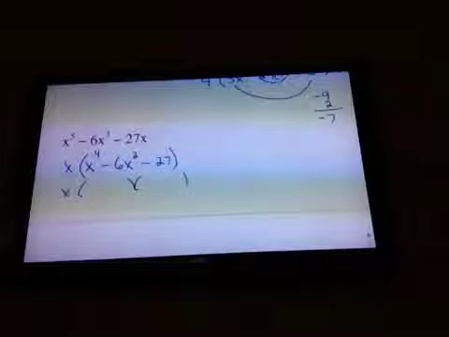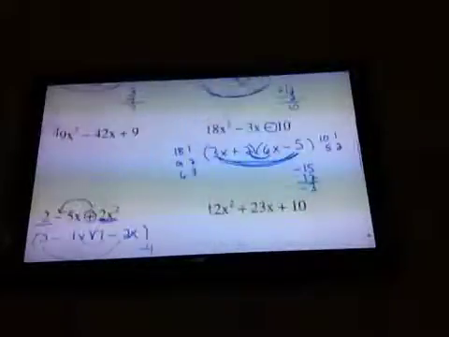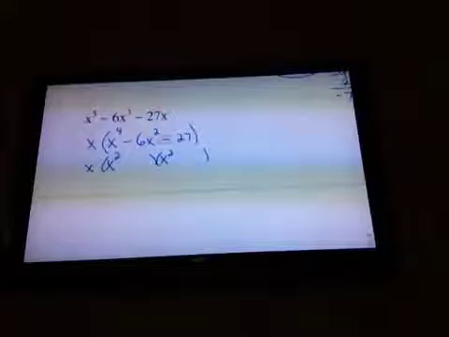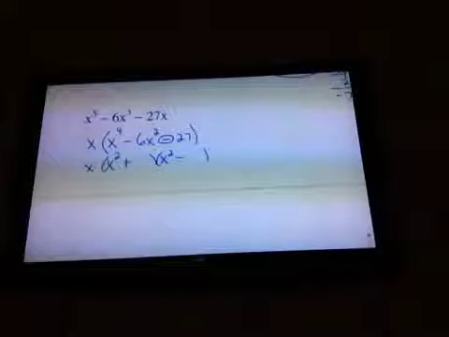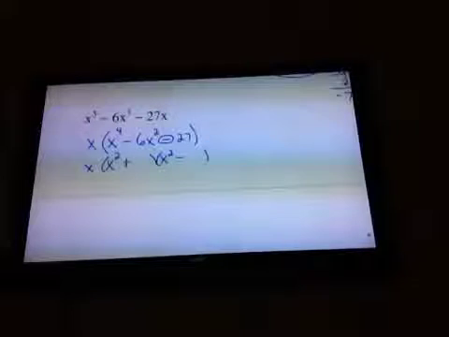So x to the 4th breaks to x squared times x squared. Minus last term means one of each sign. And then 27 is either 27 times 1 or 9 times 3.